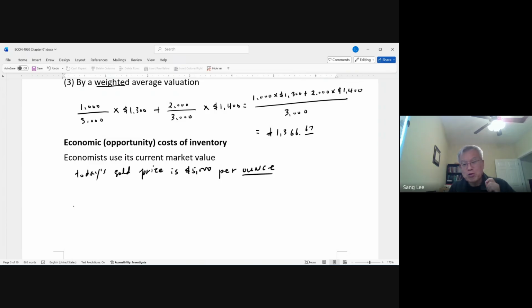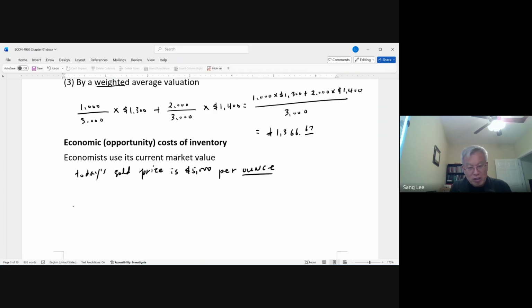So if you are a truly wise manager, regardless of what price you paid in the past, when you are about to use gold today, each ounce of gold has a market value of $5,000. So you will set the price for gold rings and necklaces accordingly.